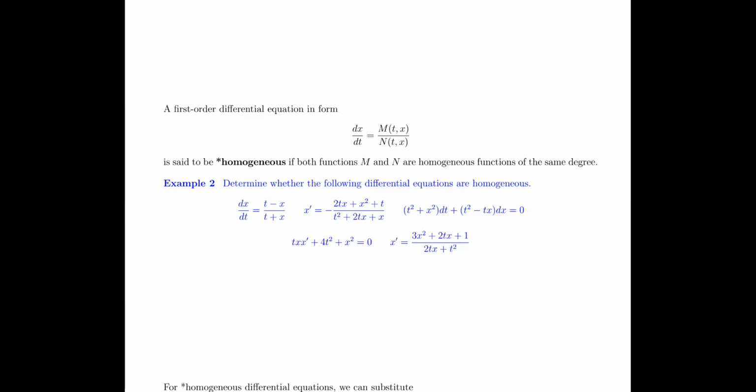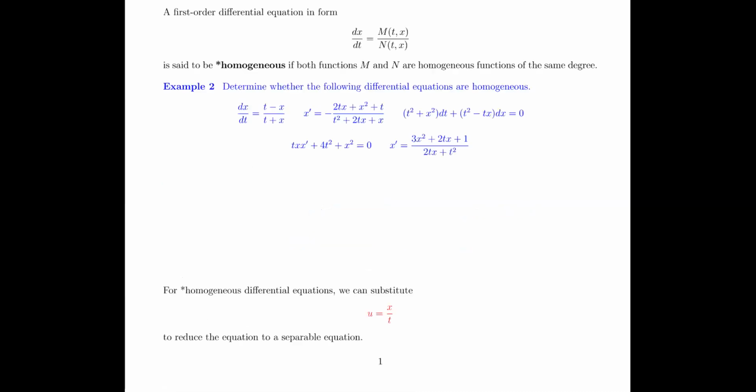All right. Now, once we know how to recognize these, we want to make a substitution u equal to x over t. If we make that substitution, we will then turn the problem into a separable equation that we can solve. So here's how we do that. If u is equal to x over t, then this implies that tu is equal to x.